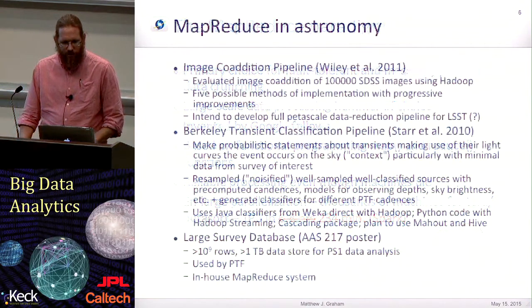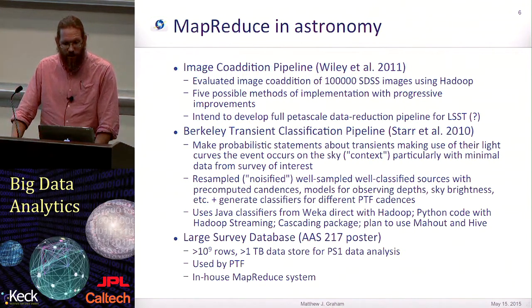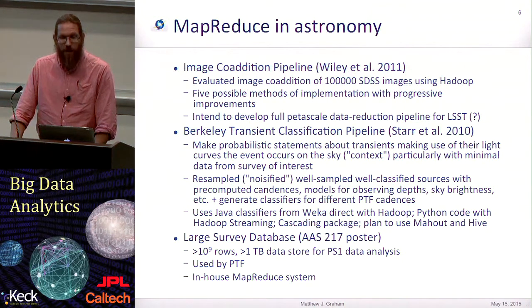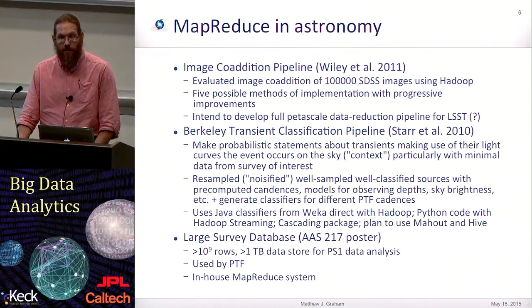MapReduce is used in astronomy, as an example, in a number of areas. It's been used in image co-addition pipelines, where 100,000 Sloan images from the Sloan survey were co-added, and the idea was to compare different ways of doing this.